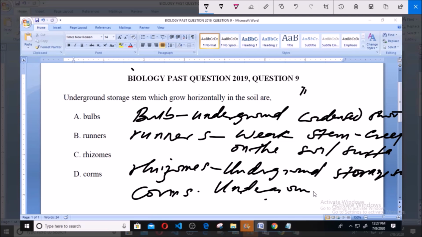Now, from this little explanation, you agree with me that the answer to this particular question is rhizomes, underground storage stem. They say underground storage stem which grow horizontally in the soil are rhizomes. The correct answer to this particular question is rhizomes.